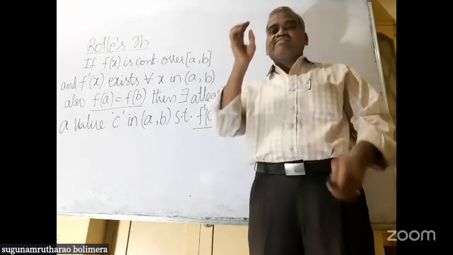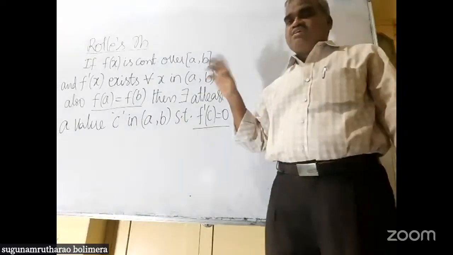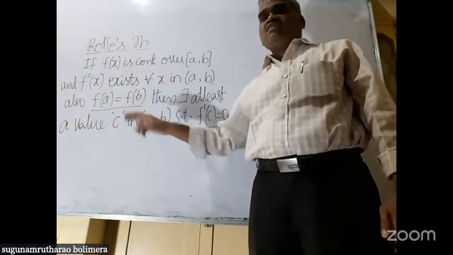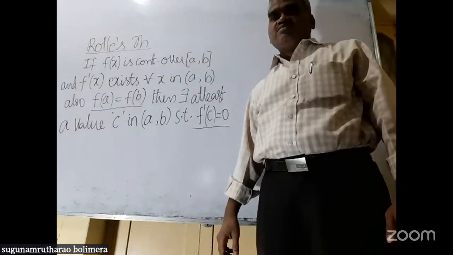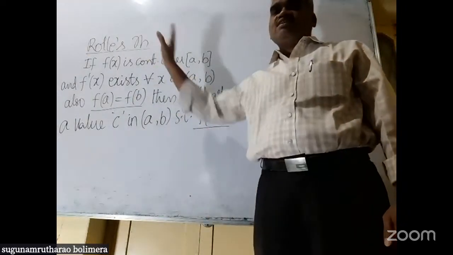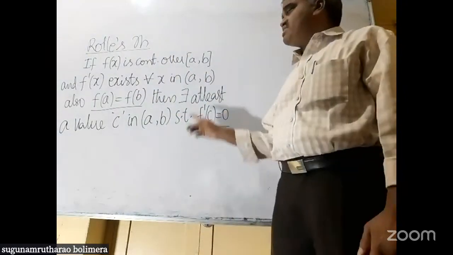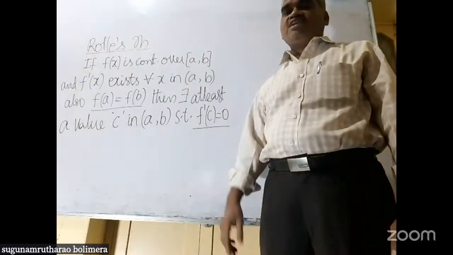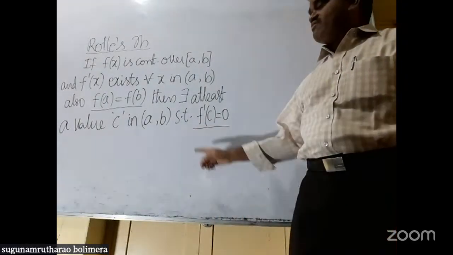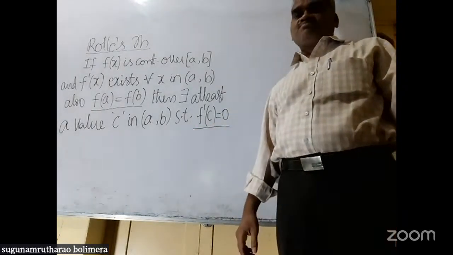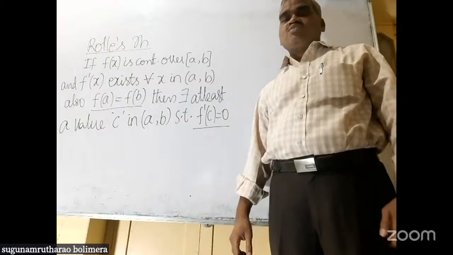After that, the function value at the endpoints must be equal. If the function values at the endpoints are equal, then only can you apply Rolle's theorem. Then definitely there will be a point in between a and b, not a, not b, satisfying f dash of c equals 0. This is known as Rolle's theorem.